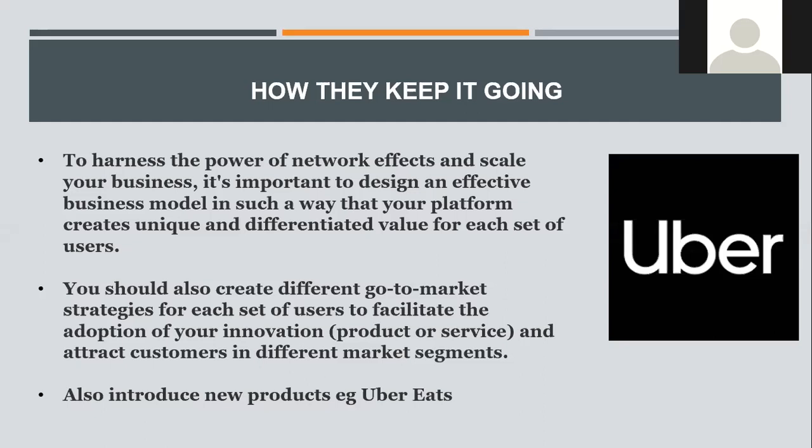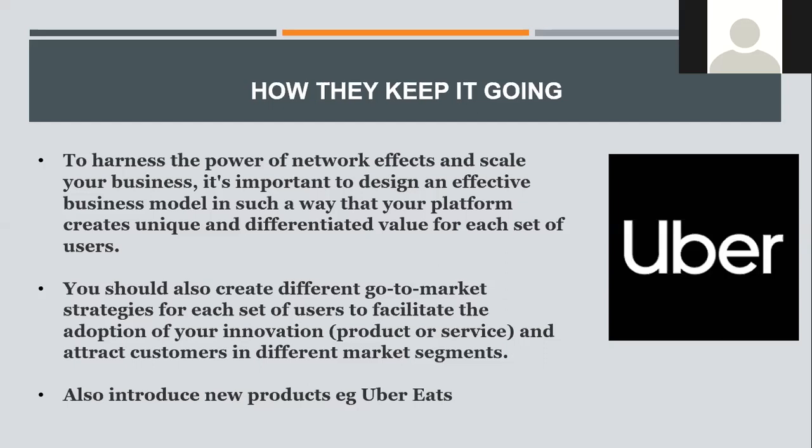And what they've also done is, you should also create different go-to-market strategies for each set of users to facilitate the adoption of your innovation and attract customers in different market segments. So Uber knows that they have to attract the drivers and attract the riders. So what they did with the drivers is they told them, come and drive for Uber, you can make more money. They went to the riders and gave them free discount codes, which they then shared with their friends, and then their friends would ride on Uber for free.